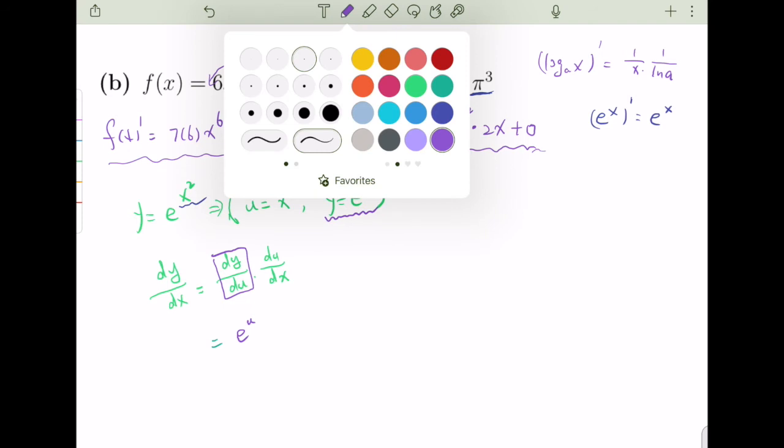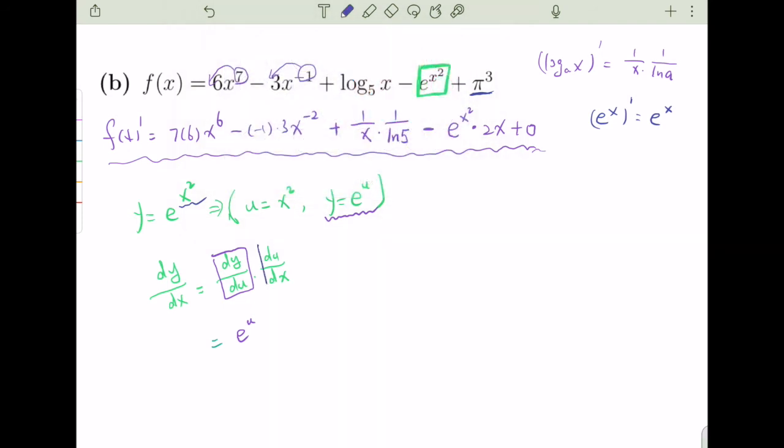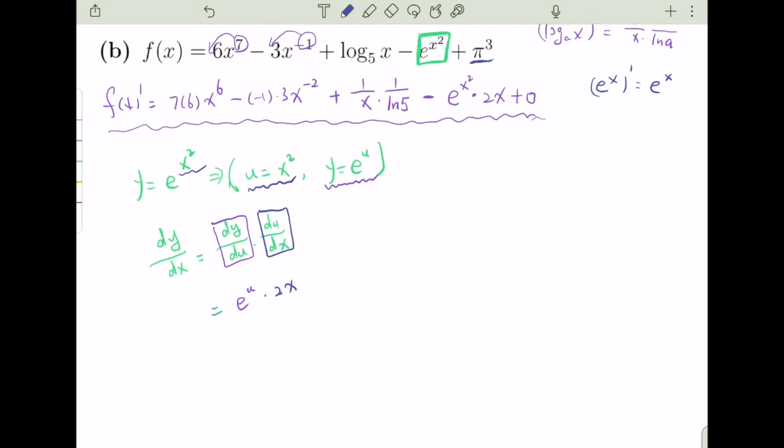Okay, and the second expression here, du dx, you take a look at the relation between u and x, this one, and its derivative is 2x. Okay.